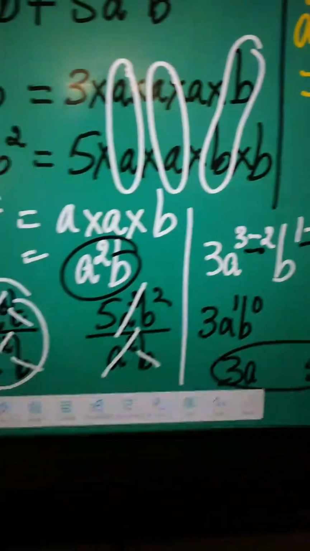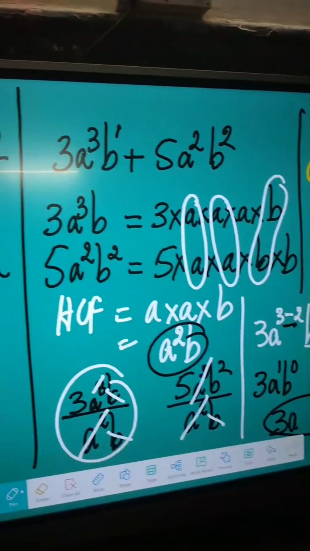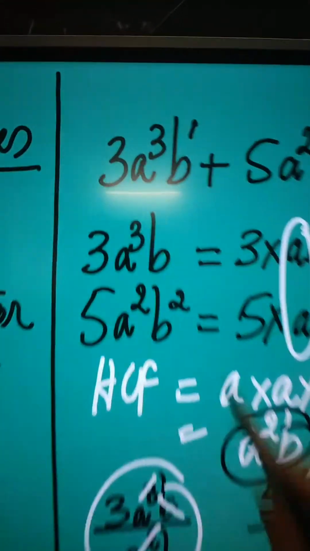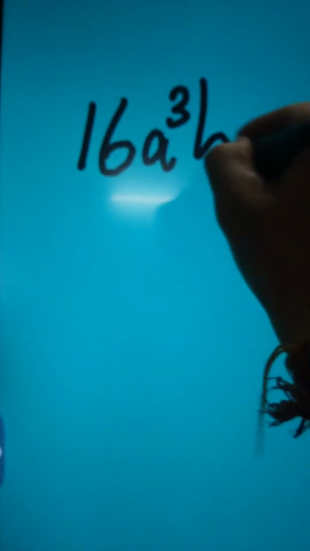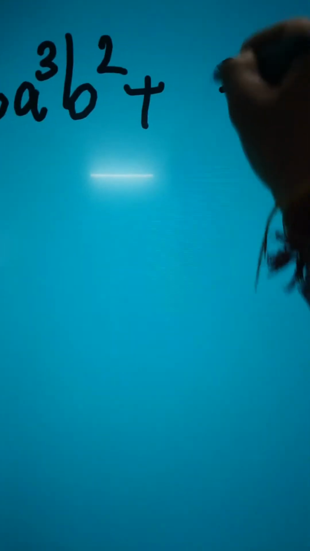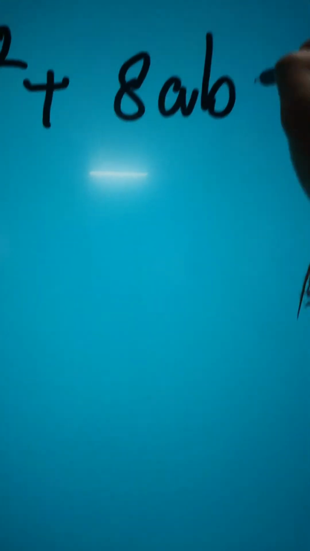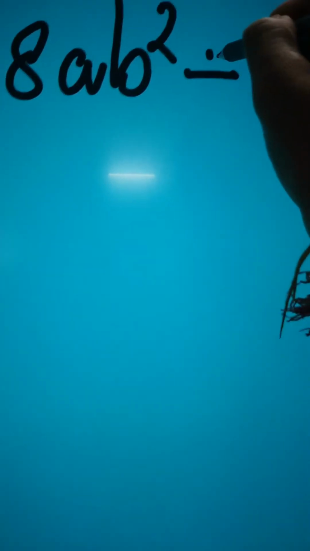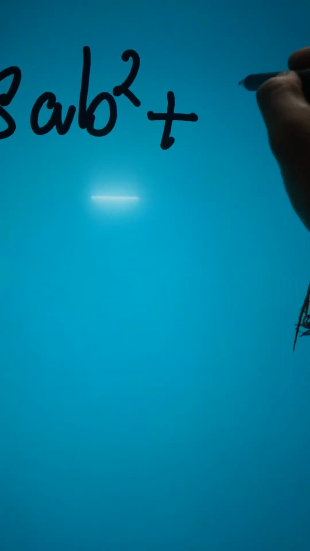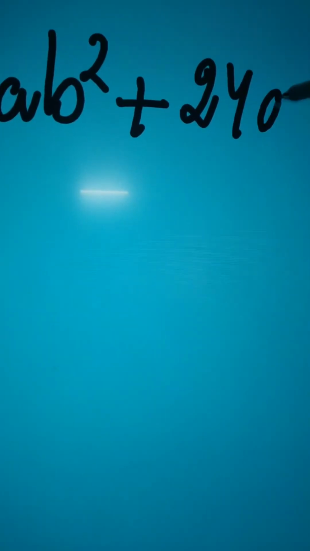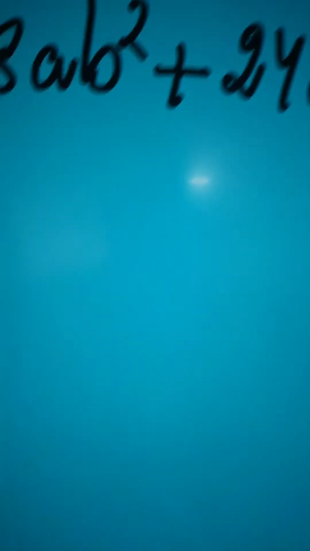Now this method is used when you are factorizing an expression which can be in any form, like 16a cube b square plus 8ab square plus 24a cube b.